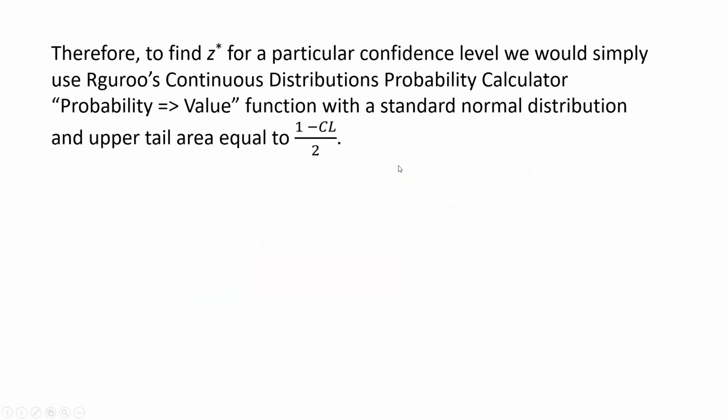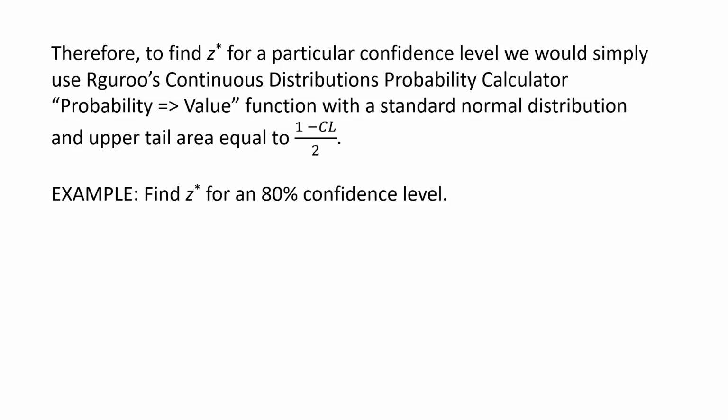So knowing that, to find z asterisk for a particular confidence level, we would simply use our Guru's continuous distributions probability calculator, the probability to values function, with a standard normal distribution and upper tail area equal to 1 minus the confidence level, all divided by 2.